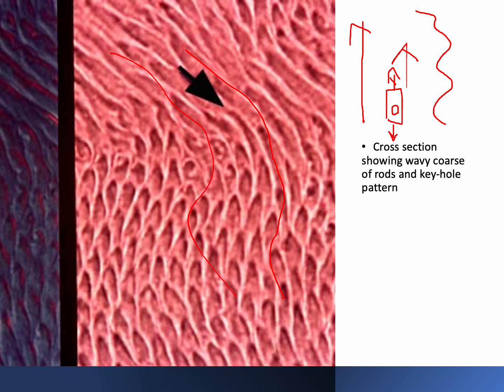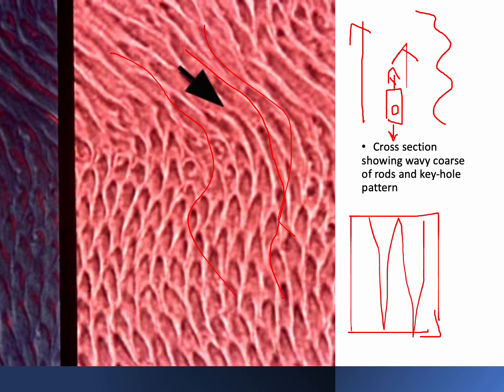Why is that? Because this wavy course helps to make what we call prisms. Prisms are a group of rods that together, like if these 15 rods together, all these 15 walk in the same wavy course, together they make something called a prism.